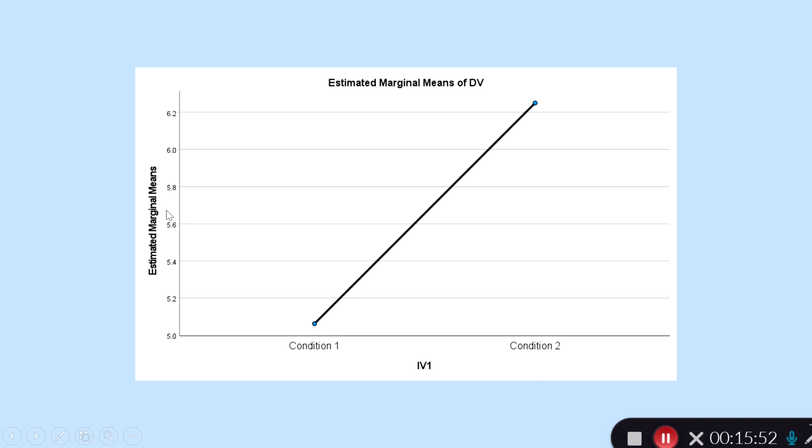And for condition 2, this blue dot is just above 6.2, maybe 6.25, something like that. That's the mean score for condition 2 on IV1. The line drawn between them is just so you can see how different they are. There are no data points along that line. It's just to help us visualize.